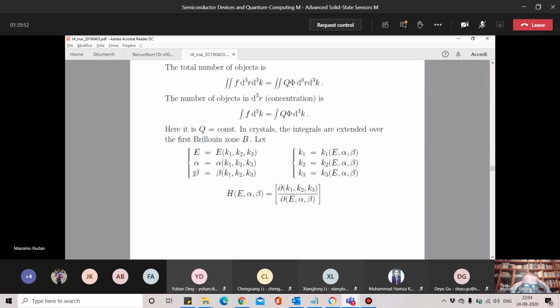So E is like K squared, so it's the radius, and alpha and beta may be two angles, okay? This is just an example. This transformation is completely general, okay? It's just a transformation from a triplet of variables, K1, K2, and K3, into another triplet of variables, energy, alpha, and beta.